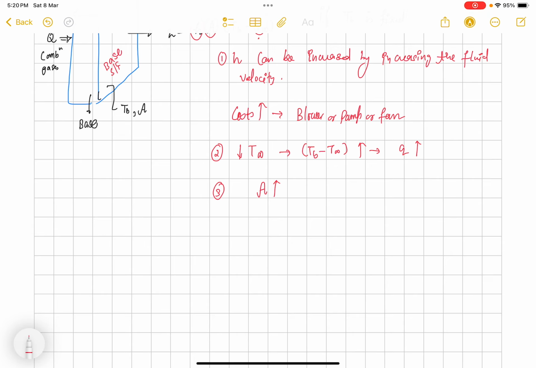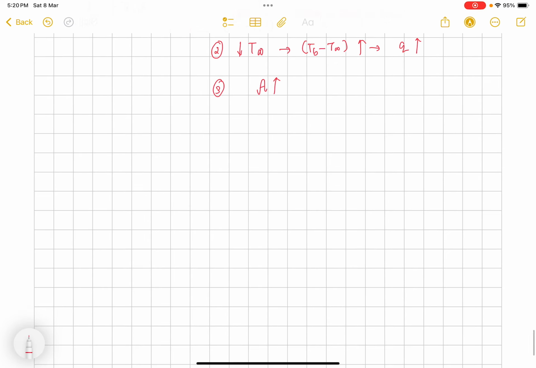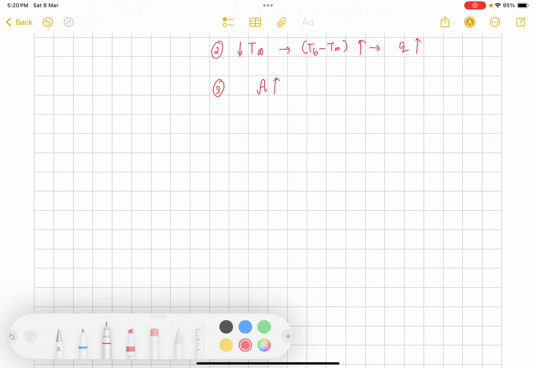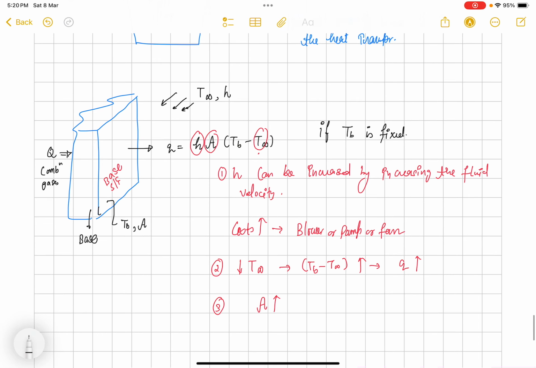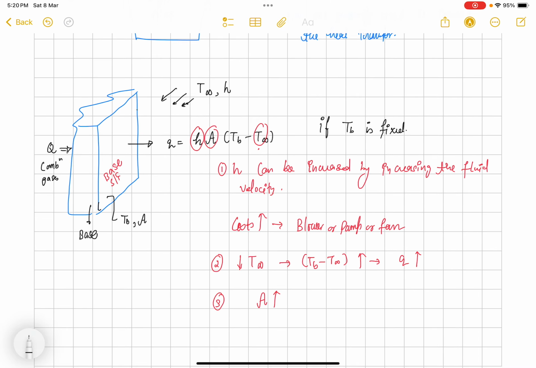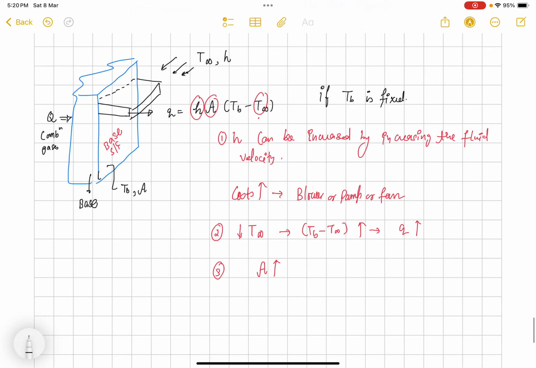So how can we do that? On that surface, what I will do is add material like this, let's say, and if it is not sufficient, I will add more.